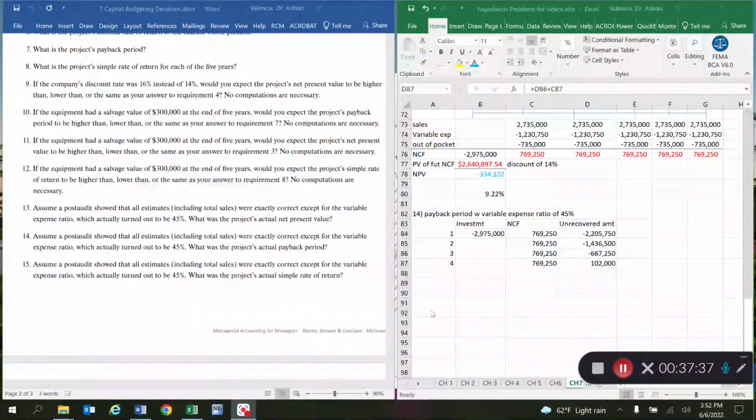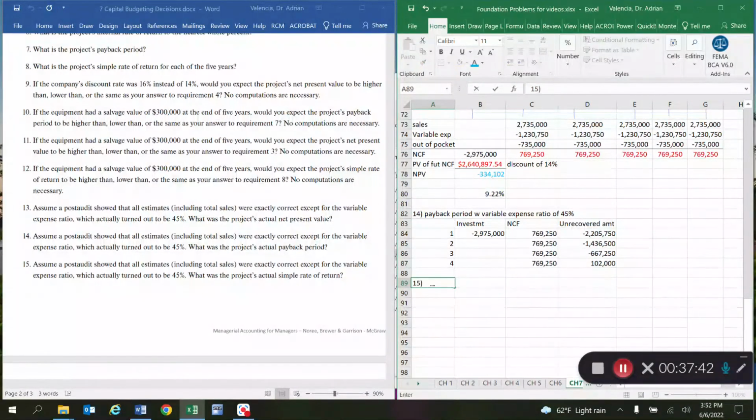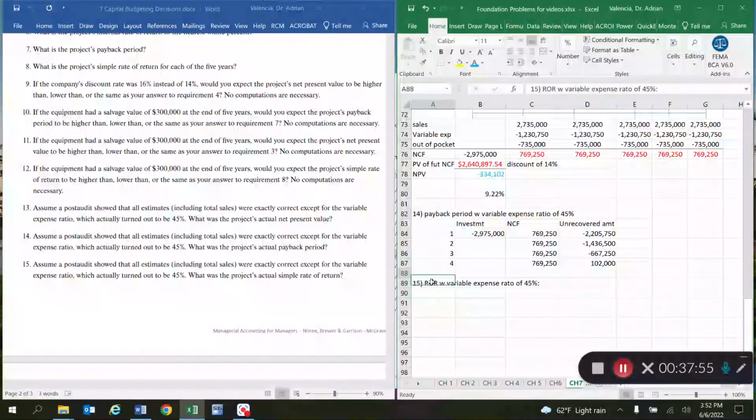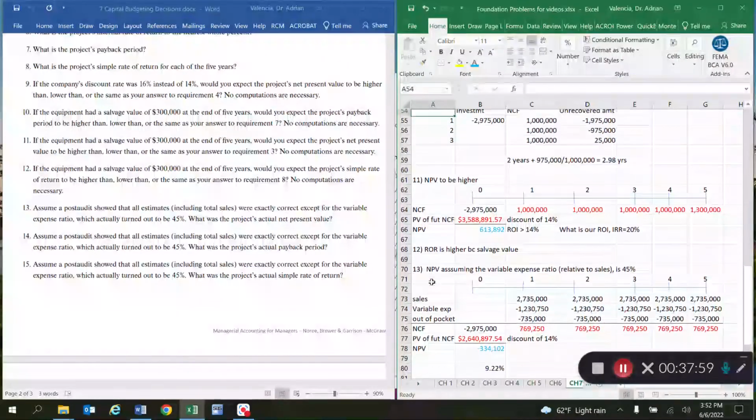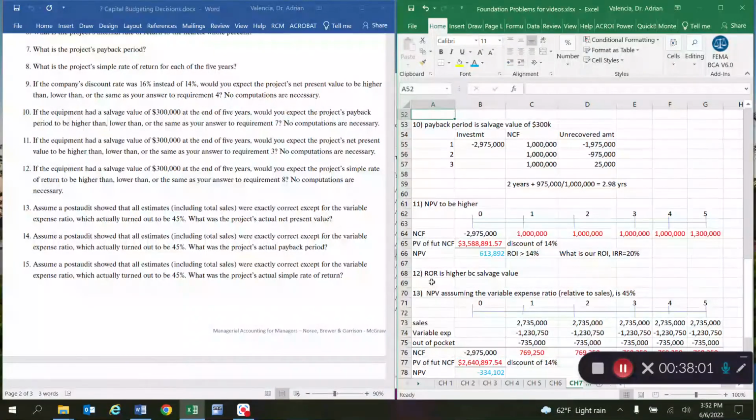And then finally, number 15 says, what is the accounting rate of return with variable expenses of 45%? Well, that's going to be a lower return. If you remember, where did we do that computation here?